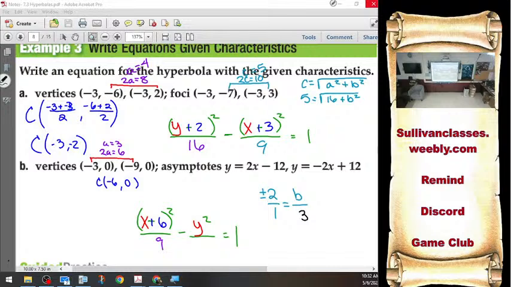But is b really plus or minus 6? What is b? What do I do with b? Like on my graph, what do I do with b? Distance.